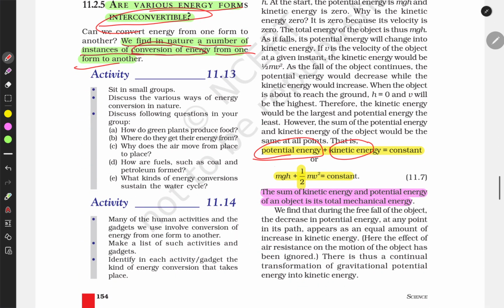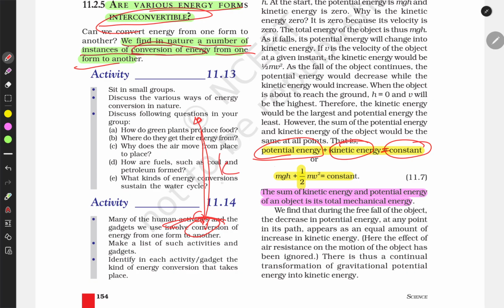So the sum of potential energy and kinetic energy is always constant. If some object is moving at a velocity, potential energy is there too. This can be explained with an example, like a ball thrown from the ground into the sky.